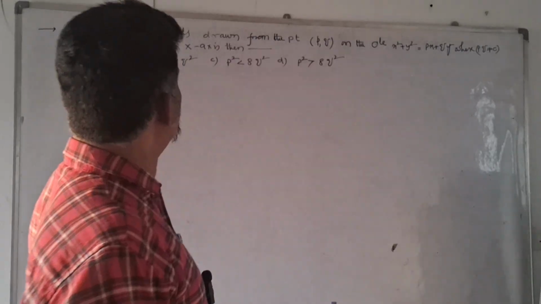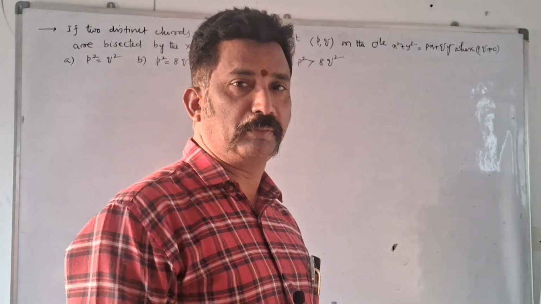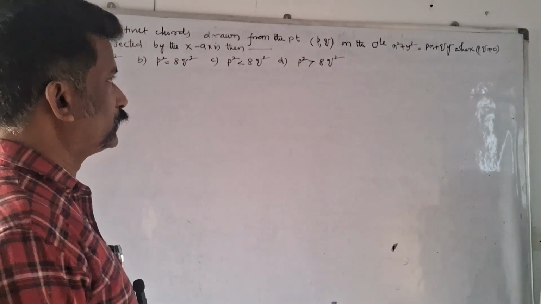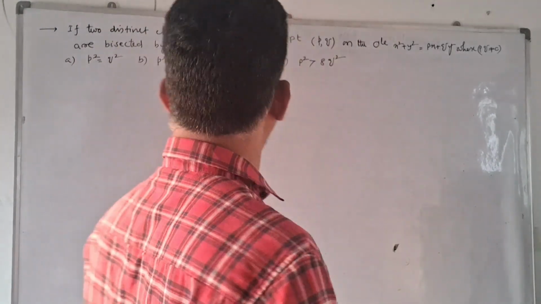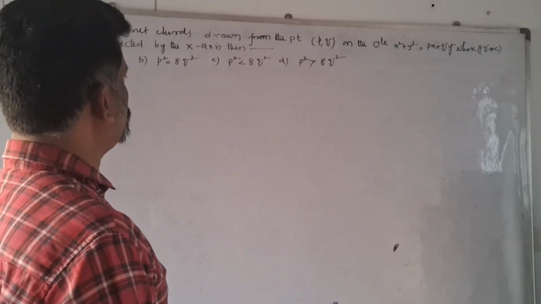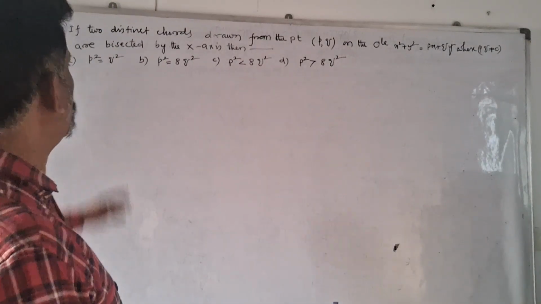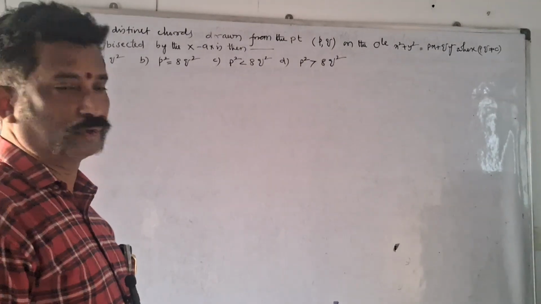If two distinct chords drawn from the point (P, Q) on the circle x square plus y square equal to px plus qy, where pq is not equal to 0, are bisected by the x-axis, then which option is correct? Look at the statement.